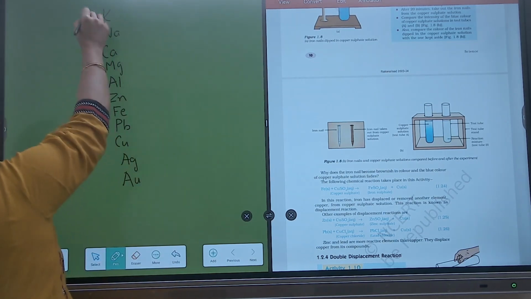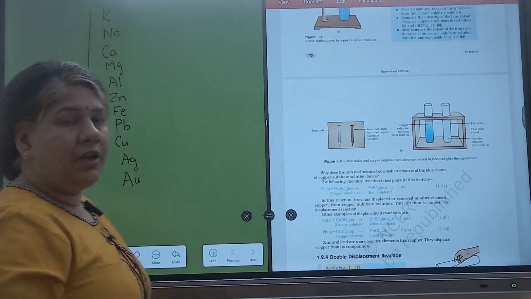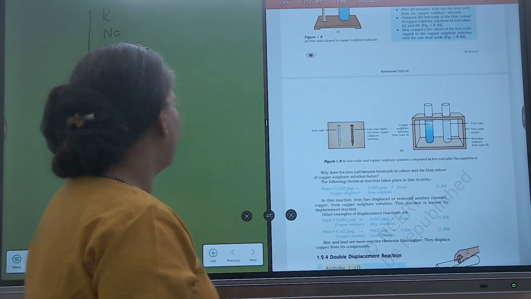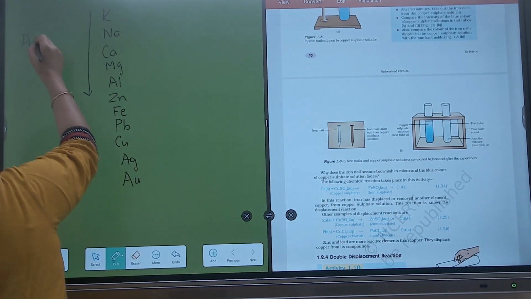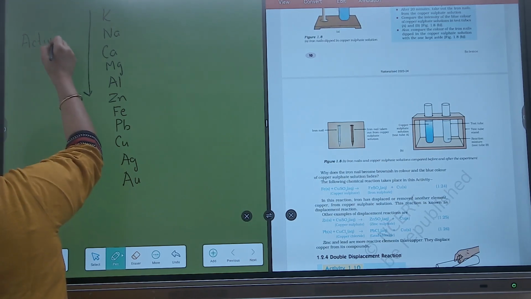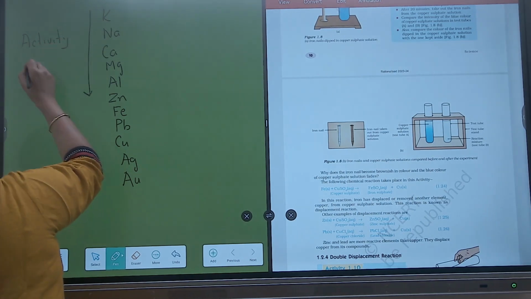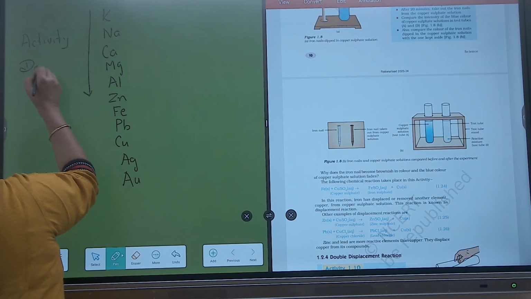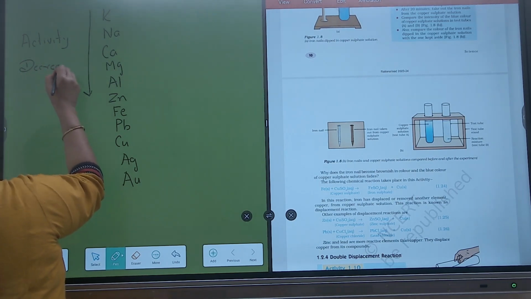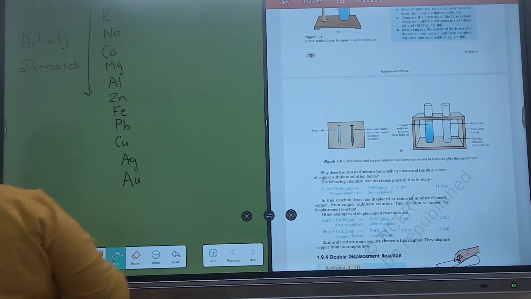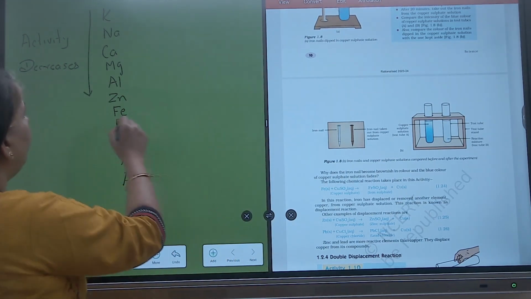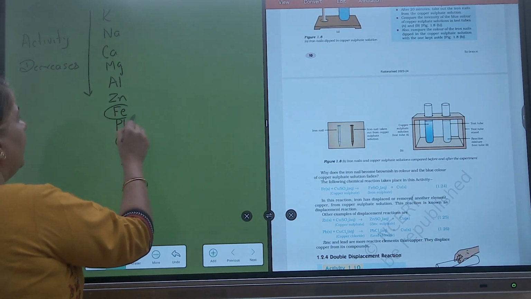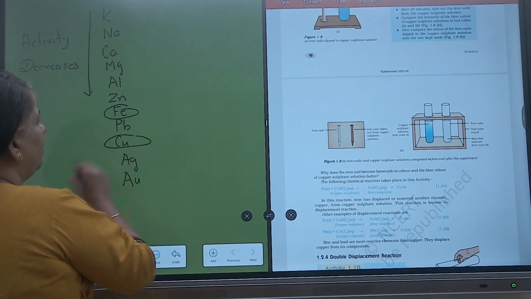As we go down the series, the activity or reactivity of metals decreases. In this case, we have taken iron and copper sulfate solution.